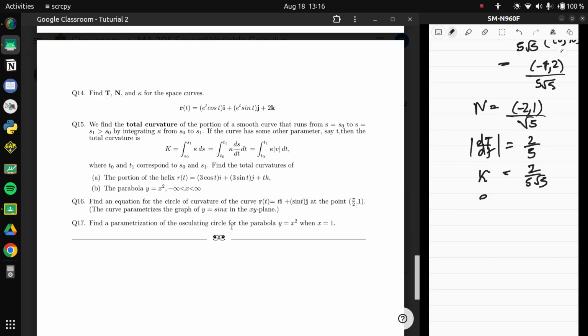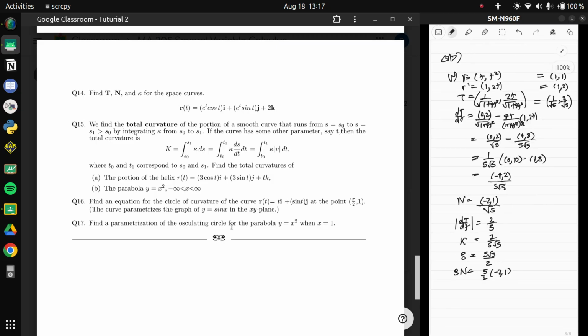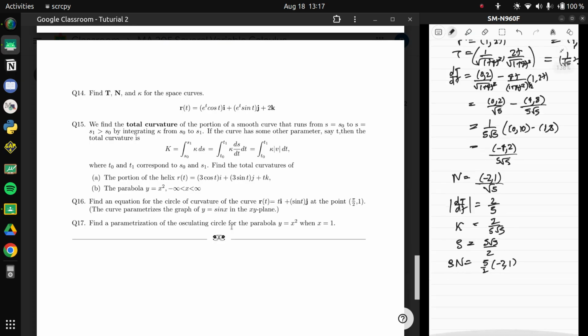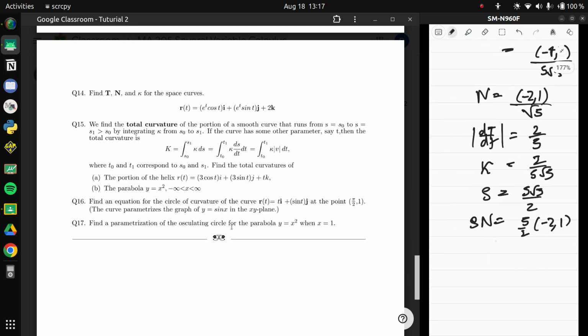Then your rho will just be like 5 square root of 5 upon 2. So then n rho, or rho n I should say, just cancels with that. Just 5 by 2 comma negative 2 comma 1. Right. Your point is this thing. So that's your circle.